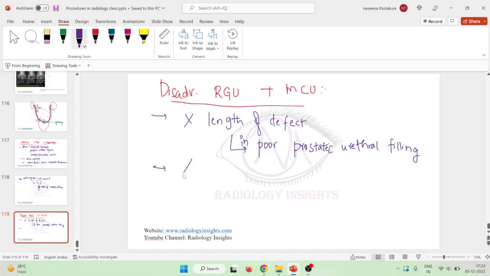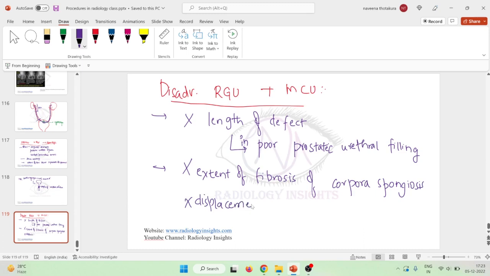Then it also does not tell the extent of fibrosis, the amount of fibrosis that has occurred in the corpus spongiosum, or if there is any displacement of the prostate. This cannot be assessed by retrograde urography with micturating cysto-urethrography.